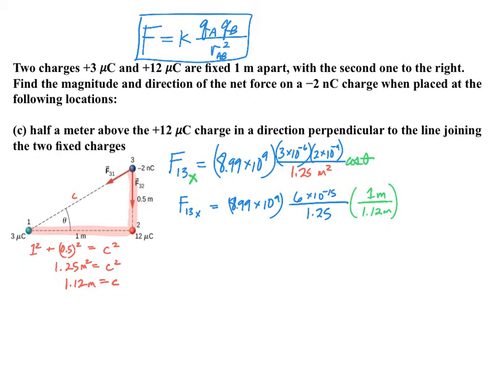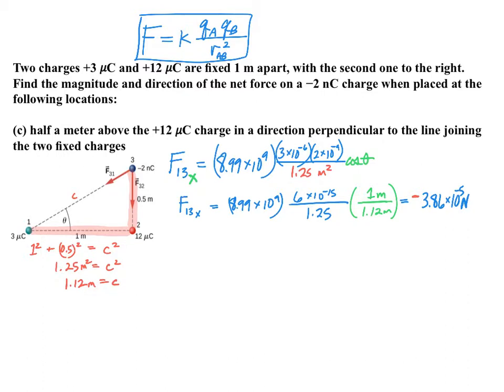All right? So this works out to be, if you plug and chug your way, 3.86, and I'm going to leave some space here because I'm going to put a negative sign on this, and you'll know why in a second. 10 to the minus 5 newtons. Now this is negative, and the reason why it's negative is because those are opposite charges.